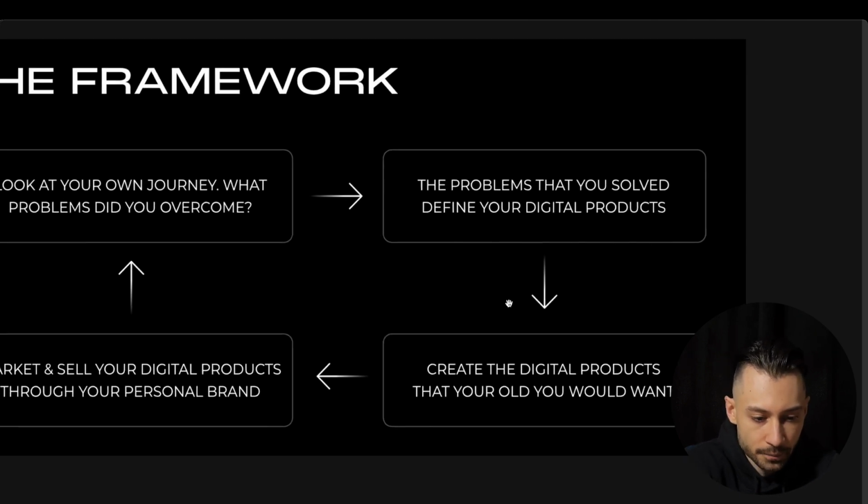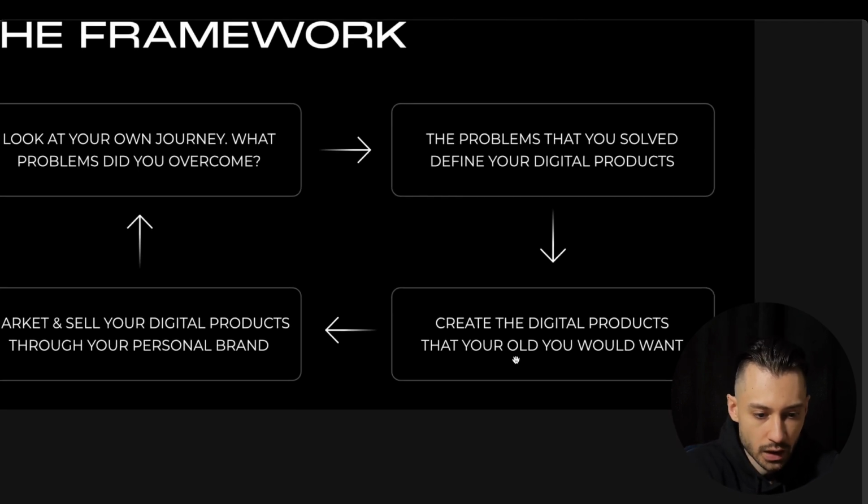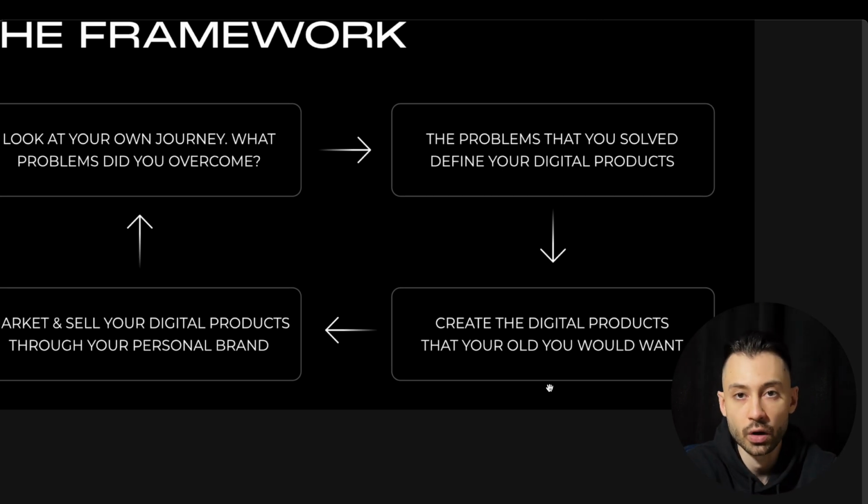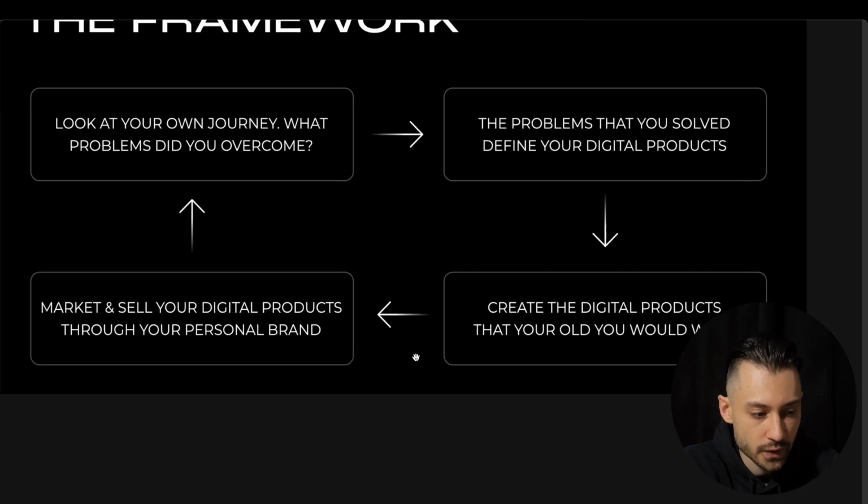You just create the digital products that your old you would want. So think about you 3 years ago or 5 years ago. Think about how much you struggled, and really try to think in that moment in time, what would I have wanted in terms of an online course or a PDF guide, whatever that might be. Think about that, and that's how you're going to create your first digital product.